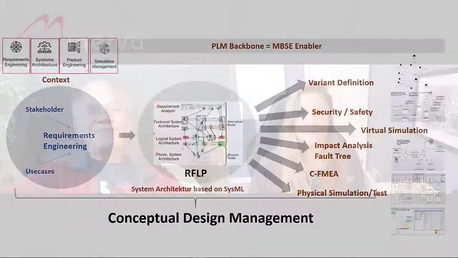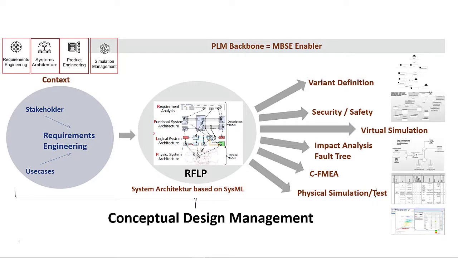isolated application. So we can see in the slides on the left-hand side, we have the input requirements together with stakeholders and use cases. We call this context. And very important, we have a lot of connections in the market with different systems. We can define variants in the early phase.